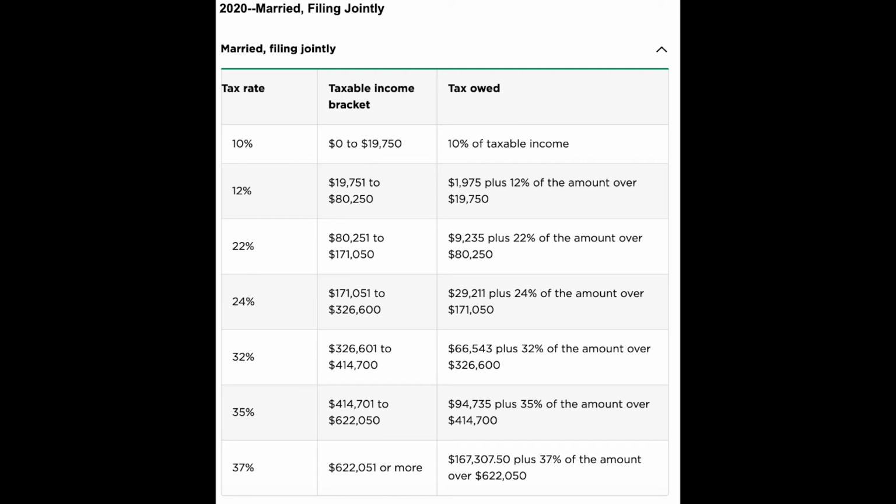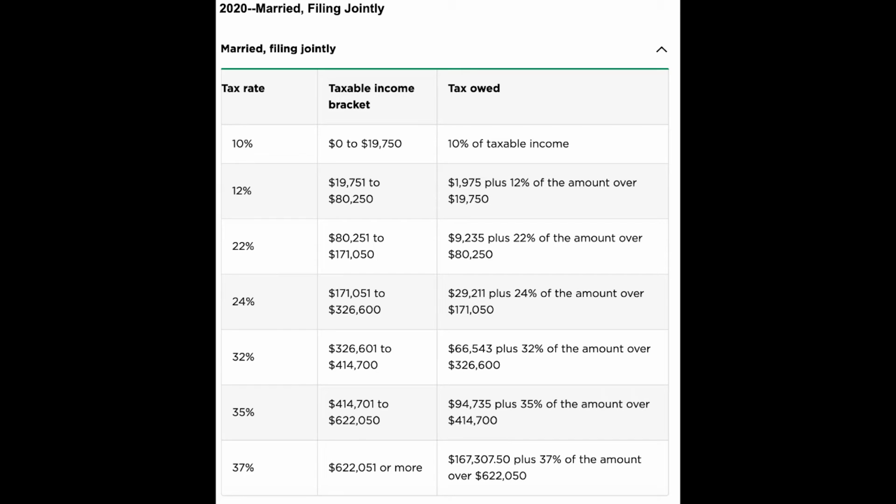So when we're looking at 2020 specifically for married filing jointly, and you're looking at the different tax brackets, again, there's 7 of them as well, but 10% is up to $19,750. The 12% is up to $80,250.